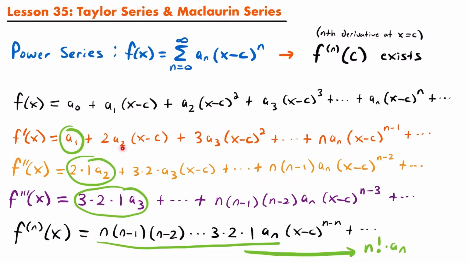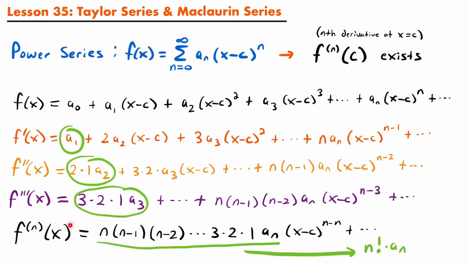And you can see that for these other three derivatives that we wrote out. F prime of x, when n equals 1, we would have 1 factorial times a sub 1, and 1 factorial is 1. For this second derivative, n would be equal to 2. So we would have 2 factorial, which is 2 times 1 times a sub 2. Then for the third derivative, where n would be equal to 3, we have 3 factorial, 3 times 2 times 1 times a sub 3.